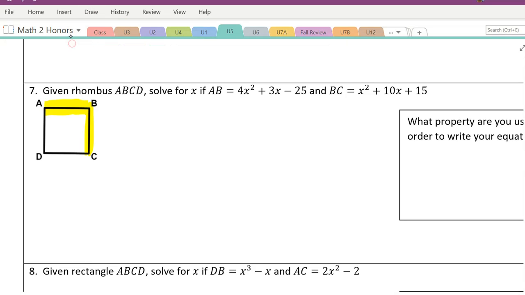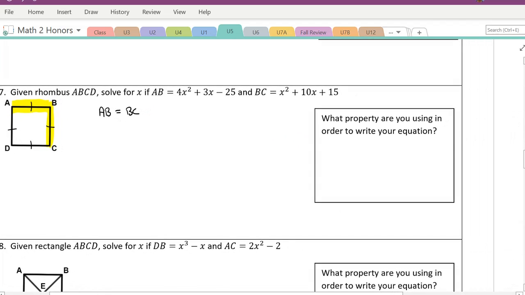Well, the definition of a rhombus tells us that all four sides are the same length. So if you know the definition of the rhombus, then you know that the length from A to B is equal to the length from B to C. So here, what property are we using in order to write our equation? We're actually using a definition.